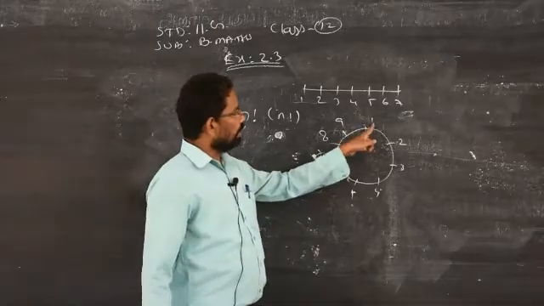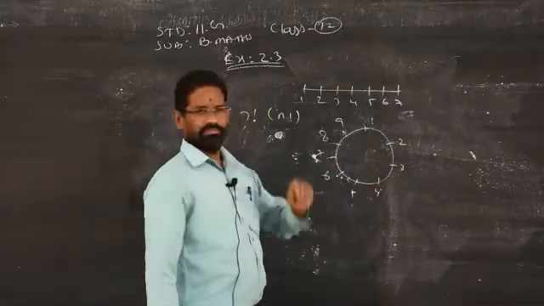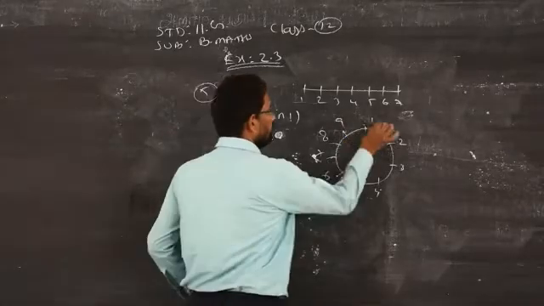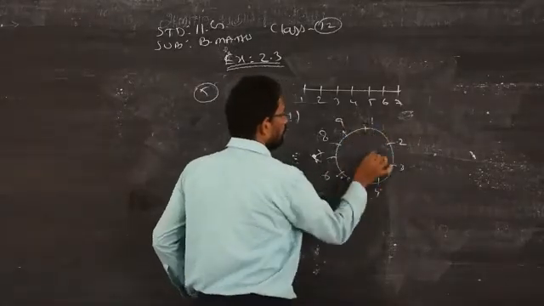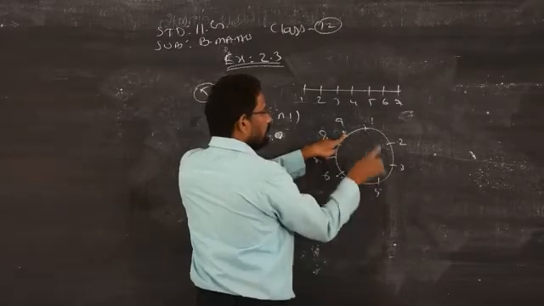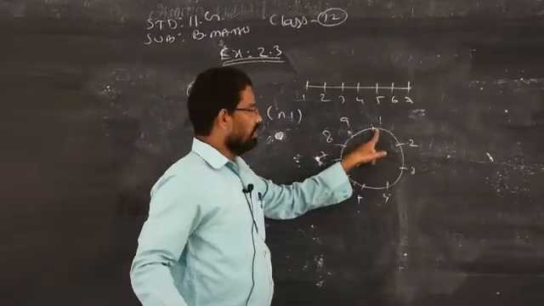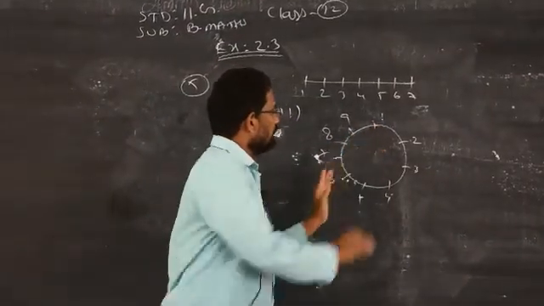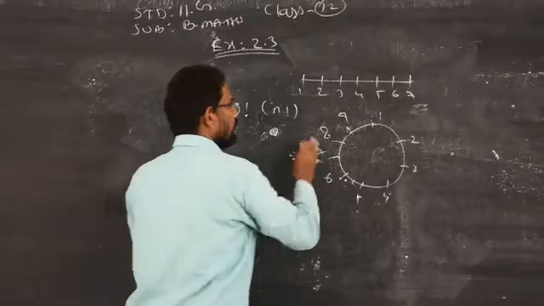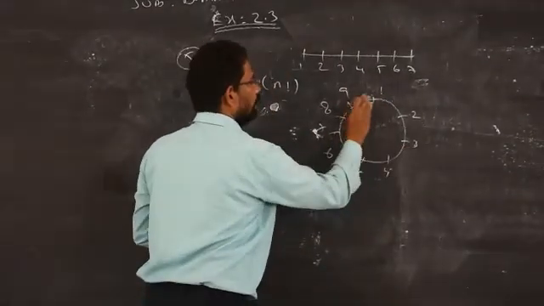Now you can count 1, 2, 3, 4, 5, 6, 7, 8, 9, 10. If I stop up to this, you will get only 9. But a circle is a closed curve. You should not leave any space. So if I connect 9 to 1, then I get the circle format. I have to count 1 also to form the circle, so I got 10.